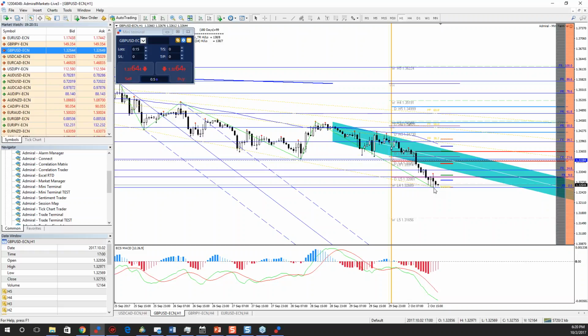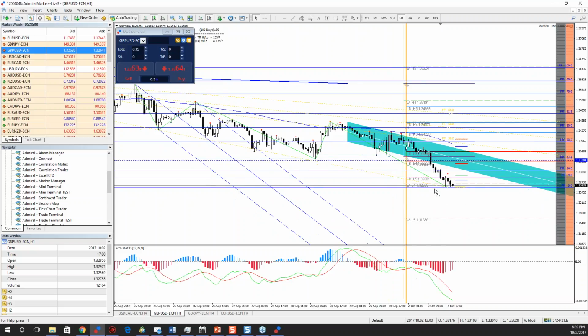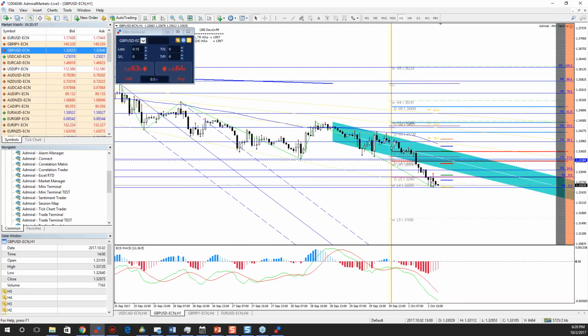Now, of course, if the price keeps going lower, we will need to extend the Fibonacci lower. Because if it makes a new low, then we still need to place the Fibonacci again to that low, because Fibonacci is an active tool. If price makes a new high or new low, we need to redraw it. So yes, this is confluence, definitely. 23.6 also very strong.